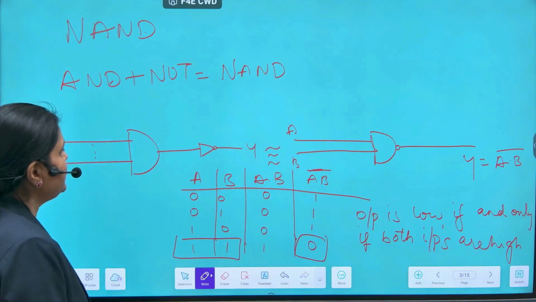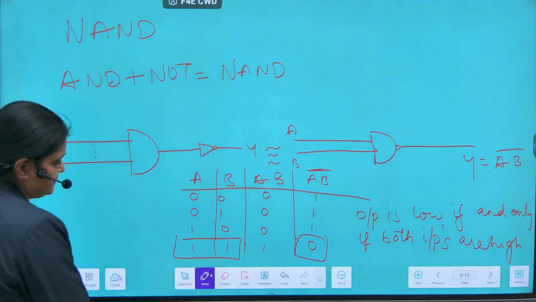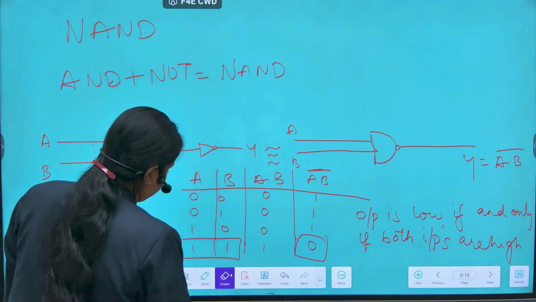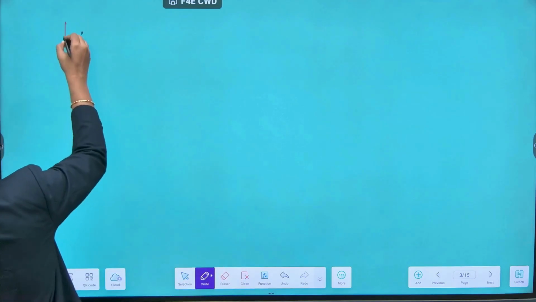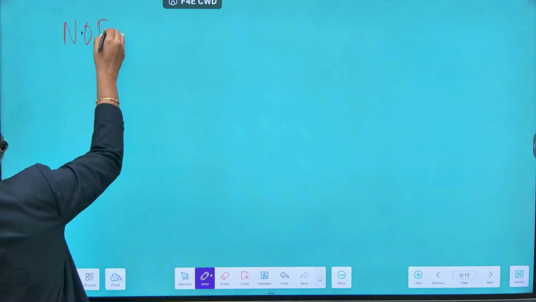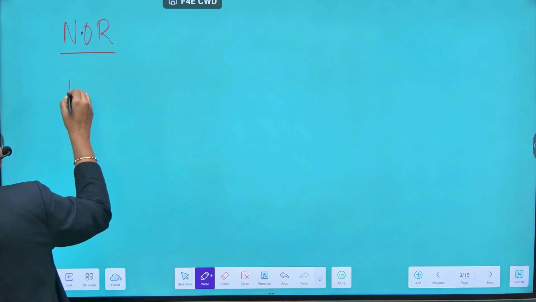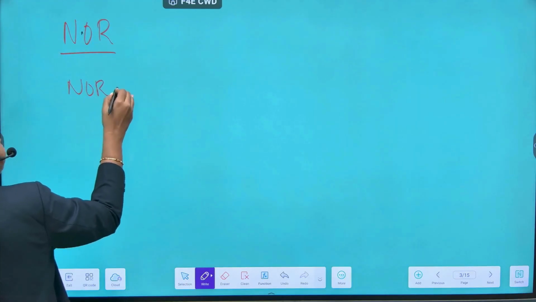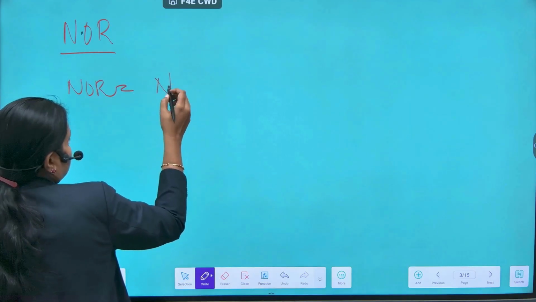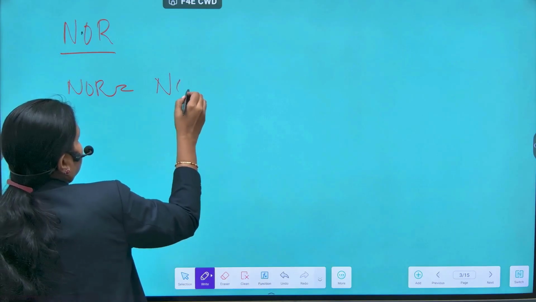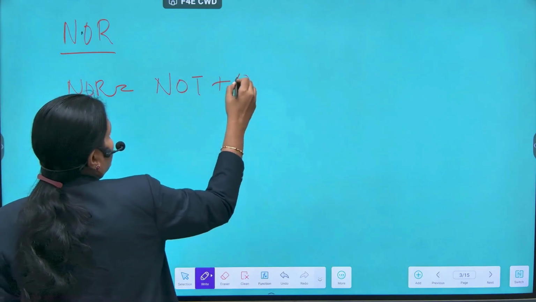Now let's look into the NOR gate. The NOR gate is a combination of NOT gate and OR gate.